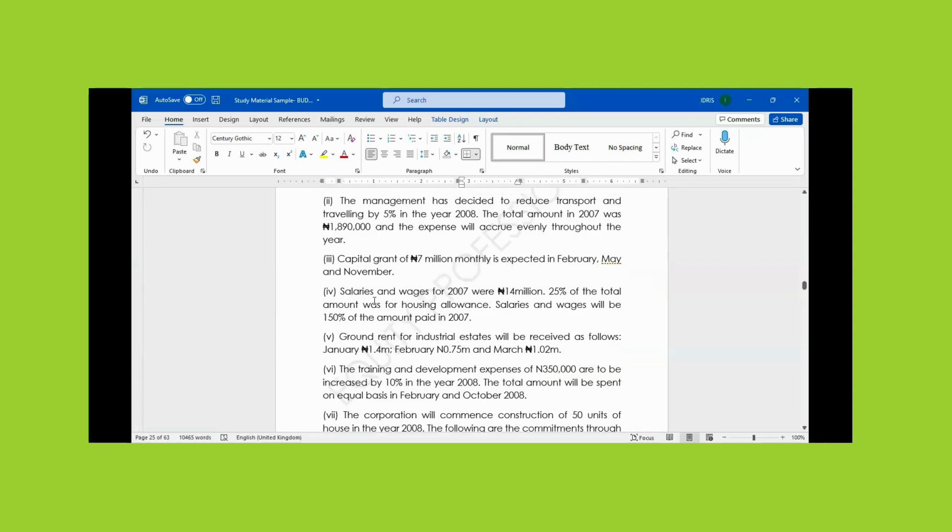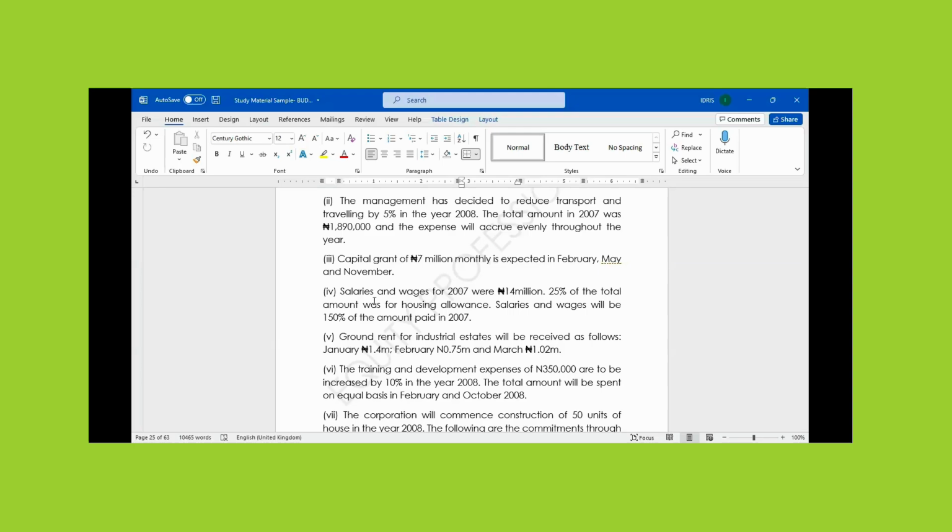Note 6. What happened to note 6? Training and development expenses are to be increased by 10% in the year 2008. The total amount will be spent on equal basis in February and October 2008.